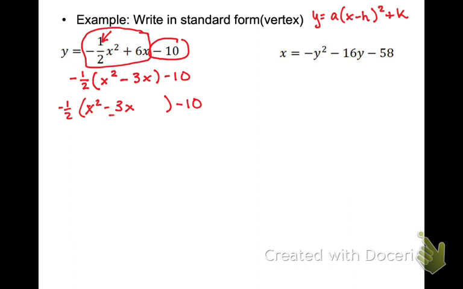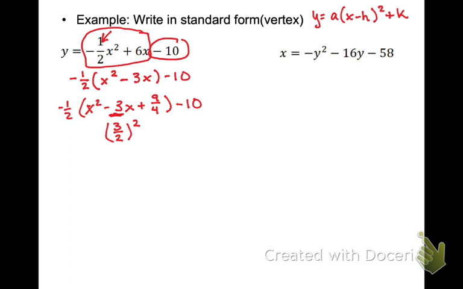So you take half of this and square it. So we're going to leave it a fraction. Got me? Okay, so half of 3 is 3/2. And when we square it, we get 9/4.